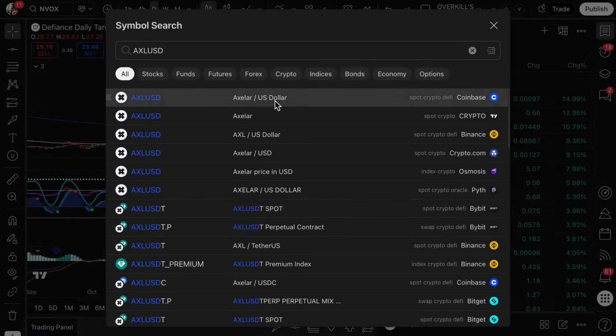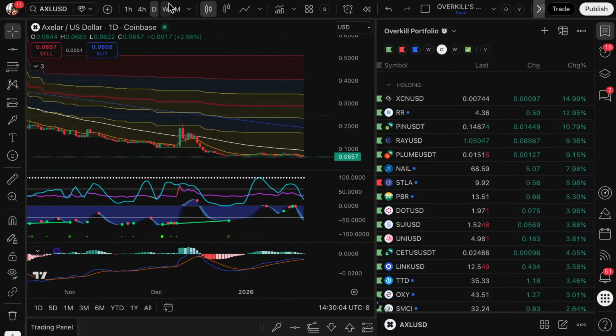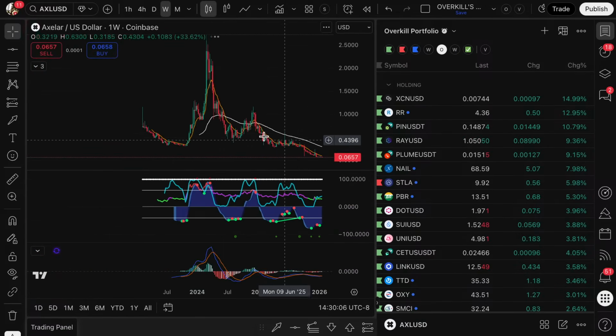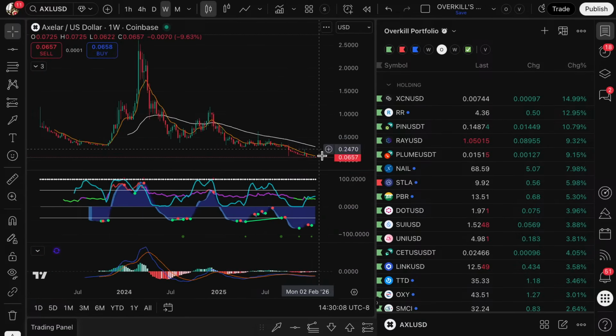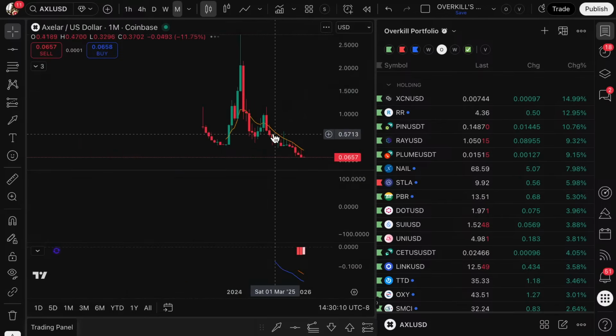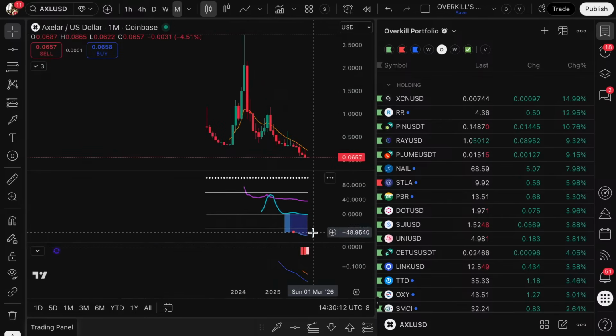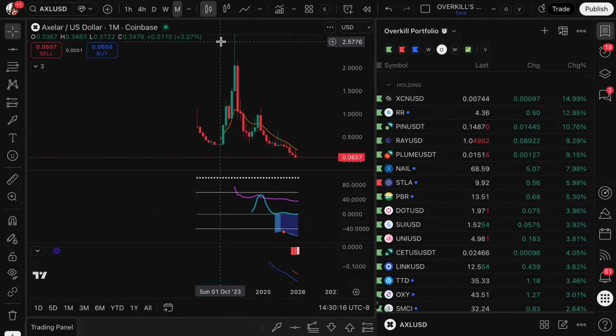Axel. Axel's still down here. Again, if you believe in this project, it's at the lowest price it's ever been. This is not my favorite looking chart just because it's a rug. I would look for the monthly on Axel here. This thing's just been getting clobbered. Just annihilated. So all these altcoins are at their lows. Like they're at their monthly breaking points here.